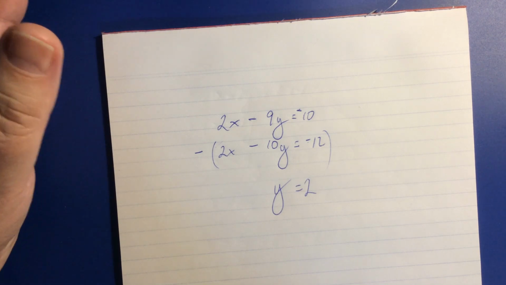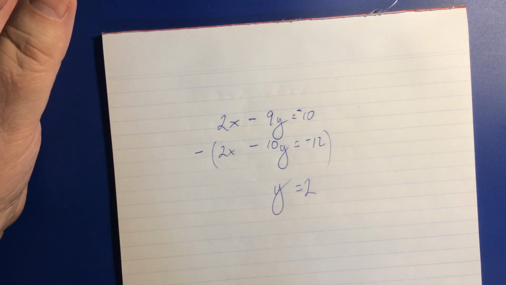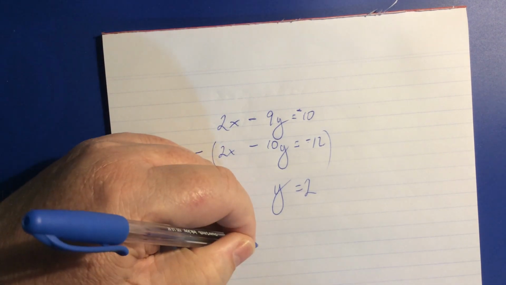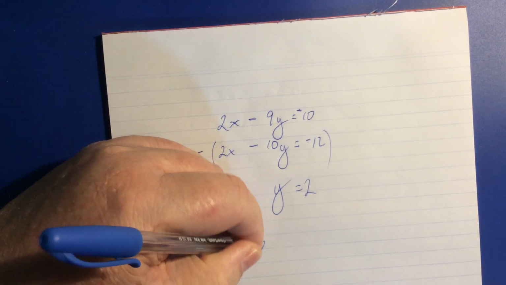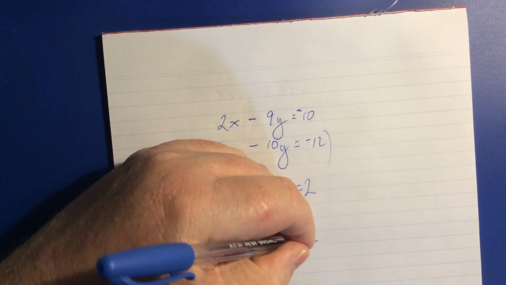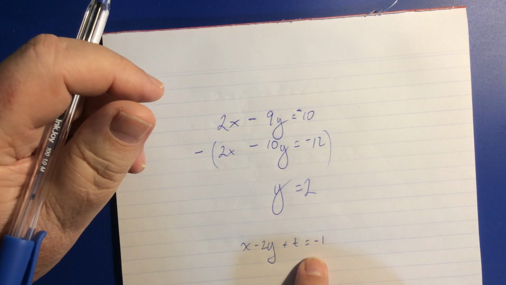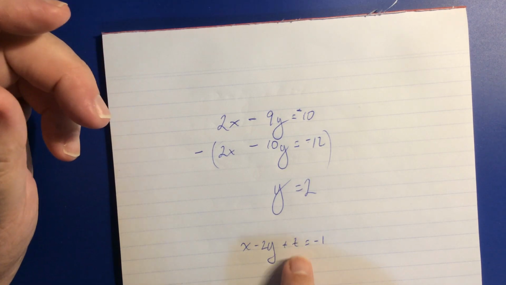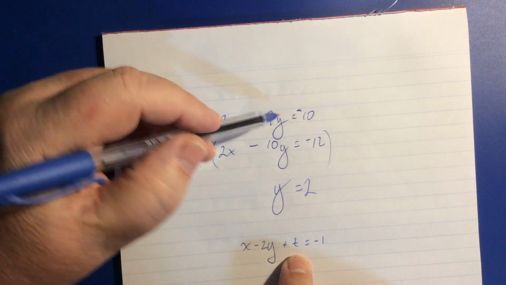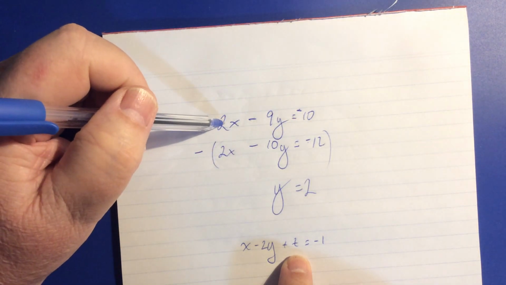Now, the simplest equation in all of this is x minus 2y plus z equals -1. Now bear that in mind, because this is how we're going to find z. But first, what we have to do is we have to find x.